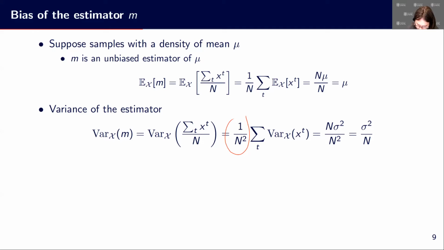So we have n sigma squared divided by n squared. And then we see that sigma squared divided by n is equivalent to the variance of the estimator. So the variance of our estimator is equivalent to the variance divided by the number of samples that we have. So the more samples we have, the better is the estimation M.